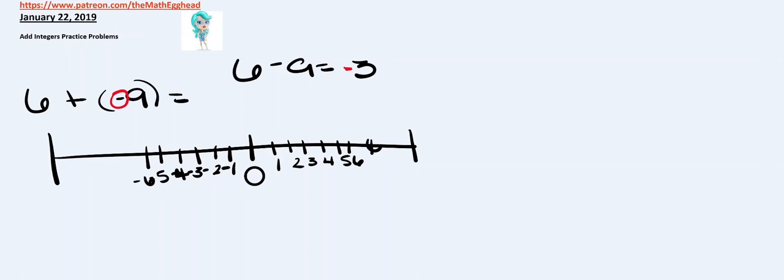Okay, guys, so it's +6, which is here. And we're moving 9 spaces, but since it's a negative number, we know that we're heading towards the left. So it would be 1, 2, 3, 4, 5, 6, 7, 8, 9. -3. All right, guys, let's try another problem here.